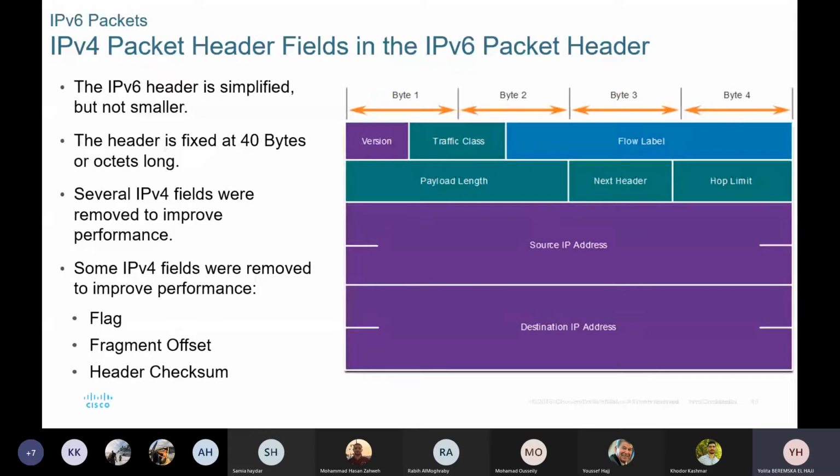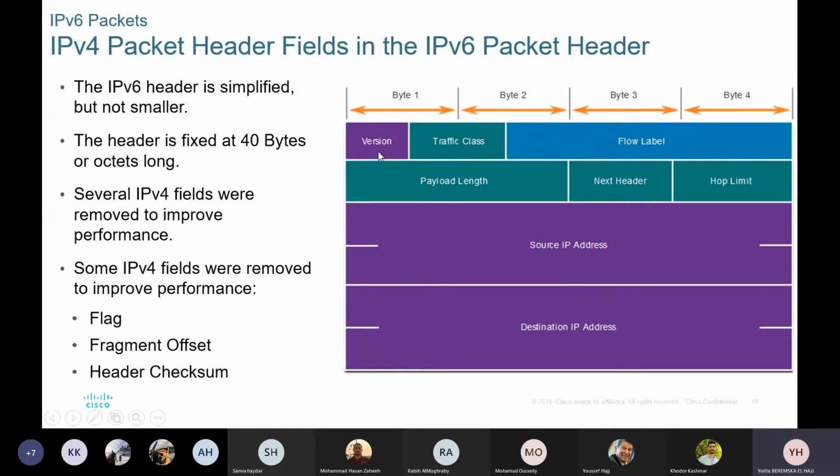Here we can see that this header is limited to 40 bytes. Some of the new fields are flow label and next header. The source and destination IP addresses, as I said, are each of 128 bits.